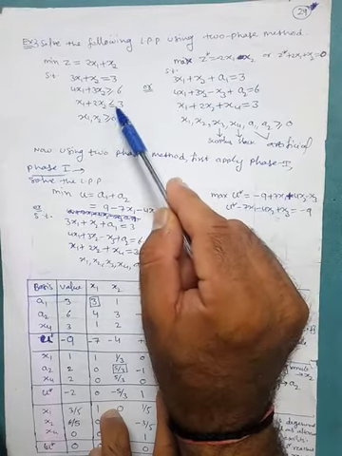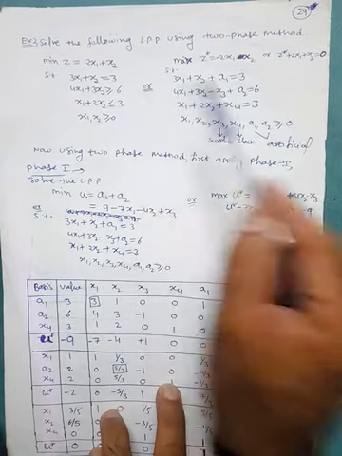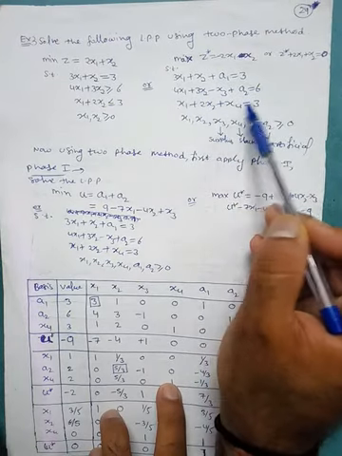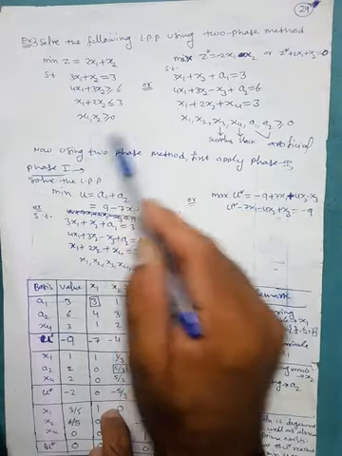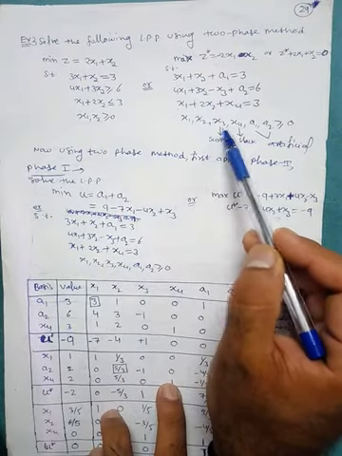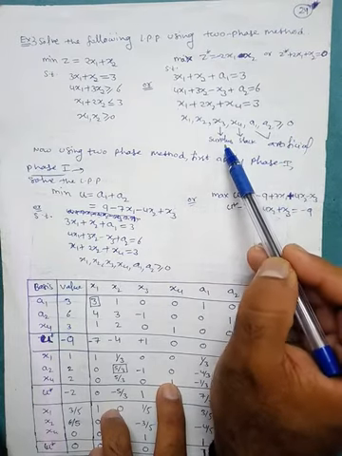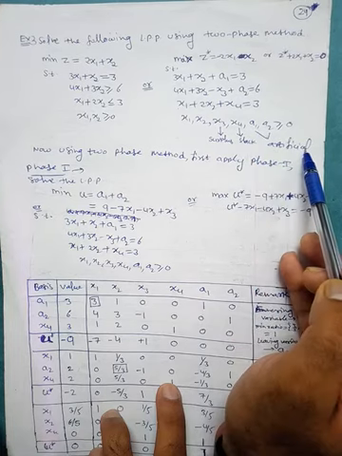Third one is less than type, so there is no need for any artificial variable, just add slack variable x4. So x1 plus 2x2 plus x4 is equal to 3. And now the non-negativity condition becomes x1, x2, x3, x4, a1, a2 all are greater than equal to 0, where x3 is surplus, x4 is slack, a1 and a2 are artificial variables.